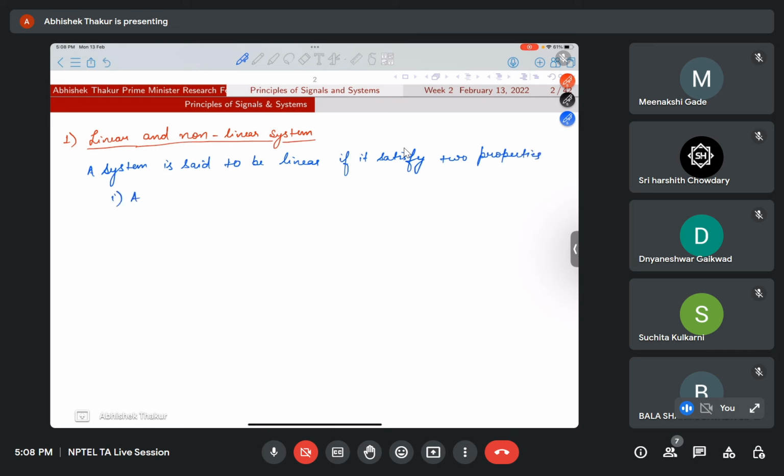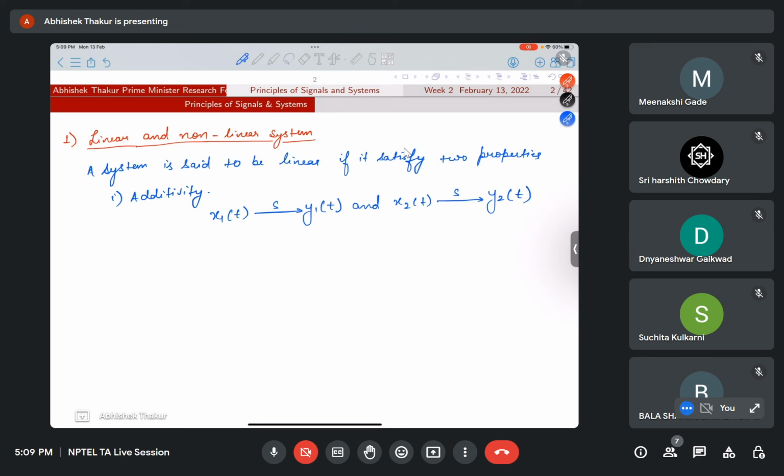First is additivity. In additivity, what happens? Let's suppose an input x1(t) is given to a system S and it produces output y1(t). Another input x2(t) is given to the same system S and produces output y2(t).